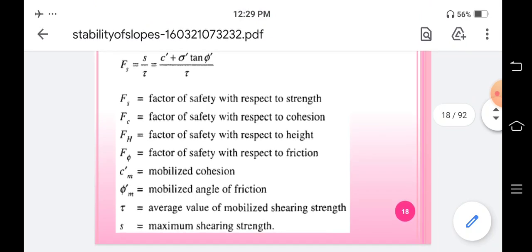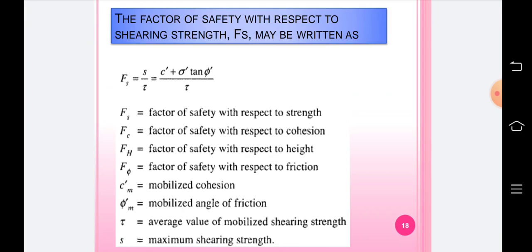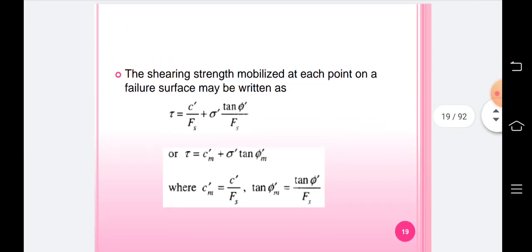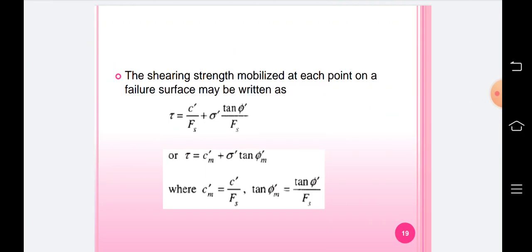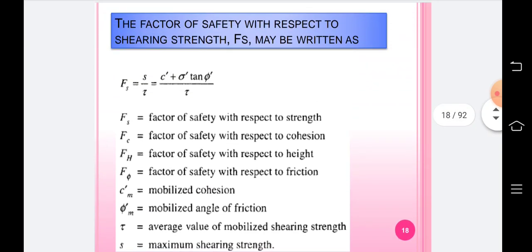Here we are taking the mobilized value. So the value of tau is Cm dash plus sigma dash tan of phi m dash, because we are considering the mobilized value of cohesion and internal friction.